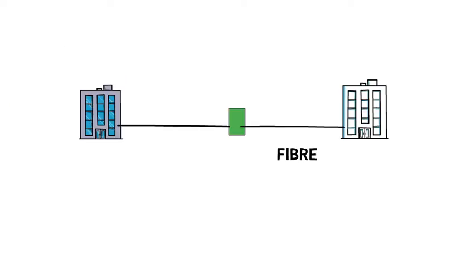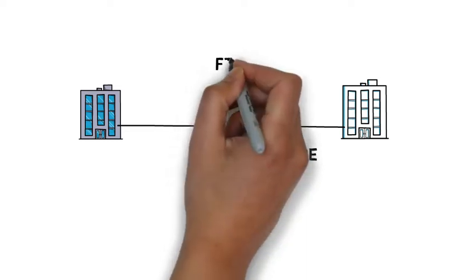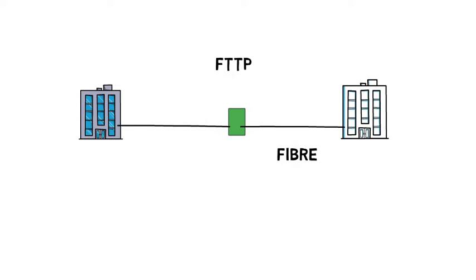Now we know that copper wires are the limiting factor, so the natural advancement is to replace all the copper with fibre. By doing this, we get fibre to the premise, or FTTP. Now, FTTP networks are based on a technology called GPON, or Gigabit Passive Optical Networks.